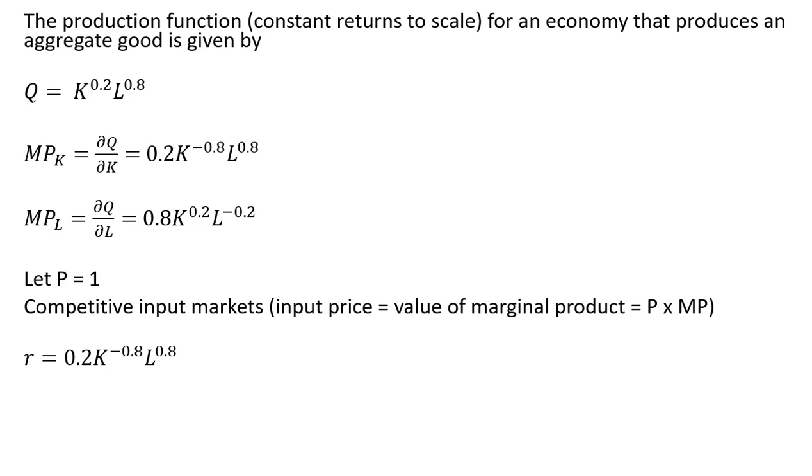The rental price of capital, or rental rate of capital, R, equals the marginal product to capital, or the value of the marginal product to capital, where P is 1. And a similar thing in the wage market in equilibrium: the wage will equal the value of the marginal product of labor. So we get these two key conditions.